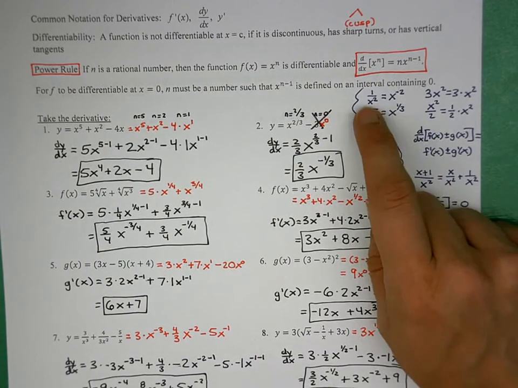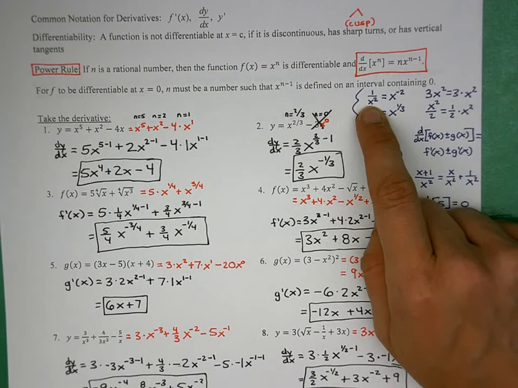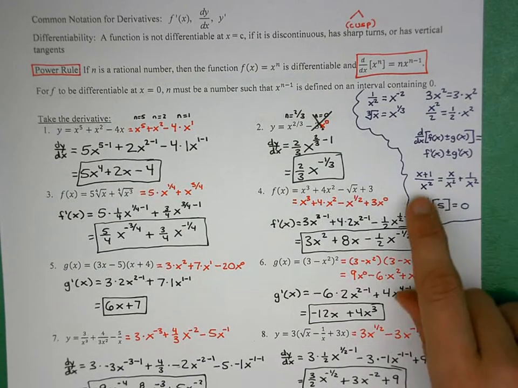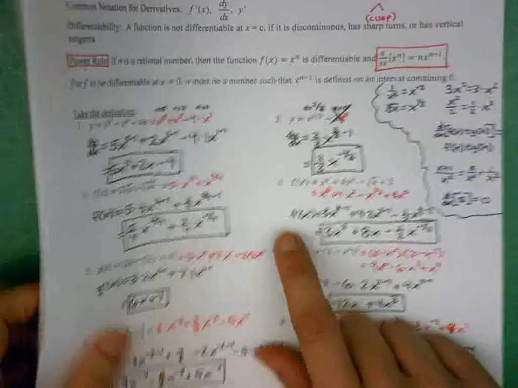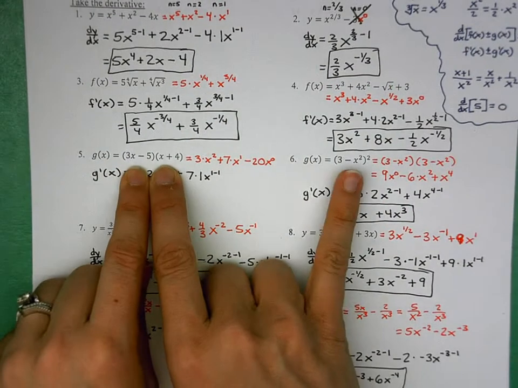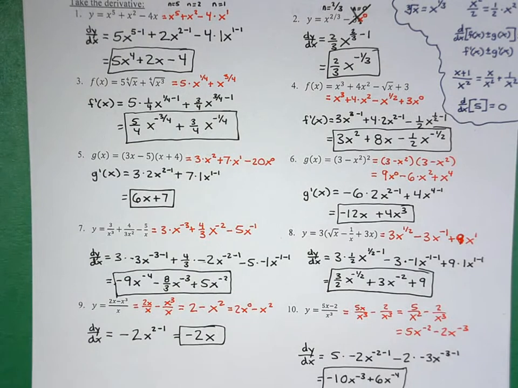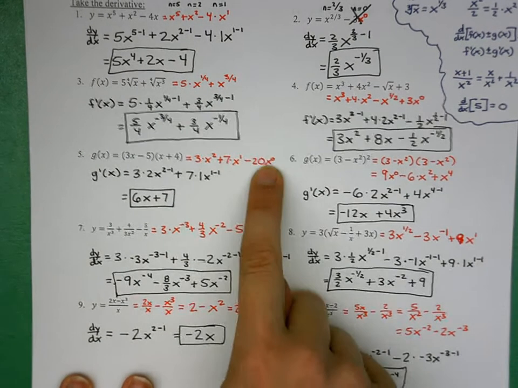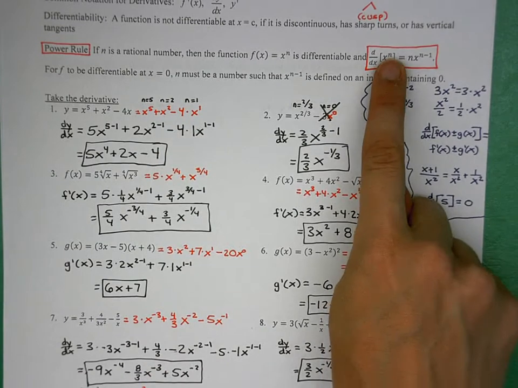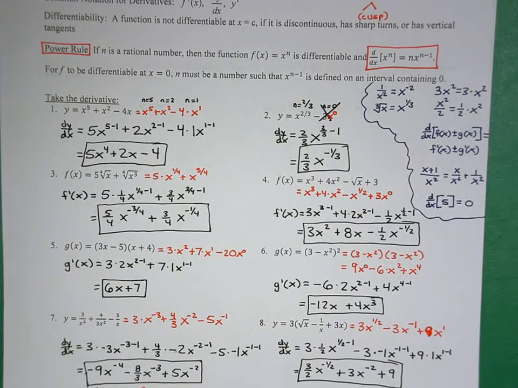So 1 over x squared does not work, right? x plus 1 over x squared does not work. 2 functions being multiplied, like number 5 or number 6, does not work. You have to manipulate those functions, FOIL things out, rewrite stuff as negative exponents, divide, so that you can get it into your power rule form, x to some exponent n. Okay?